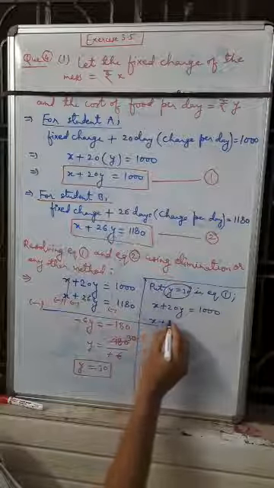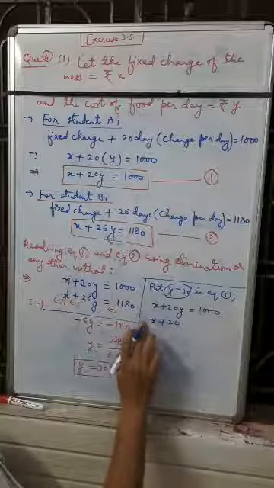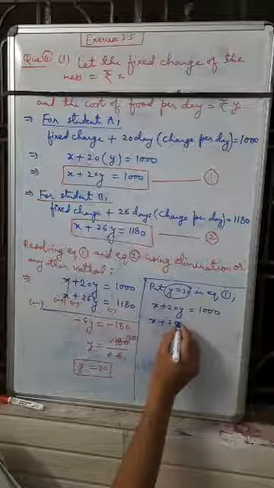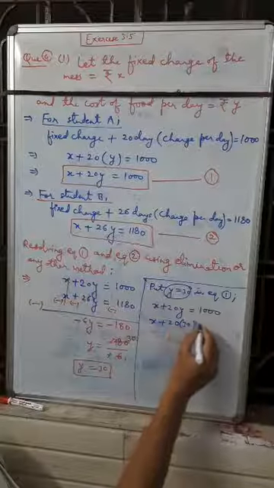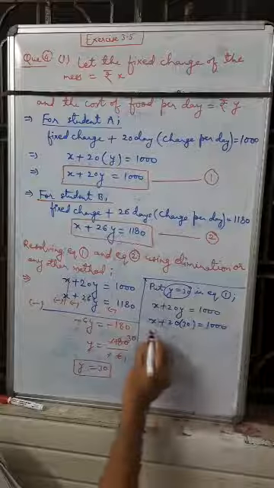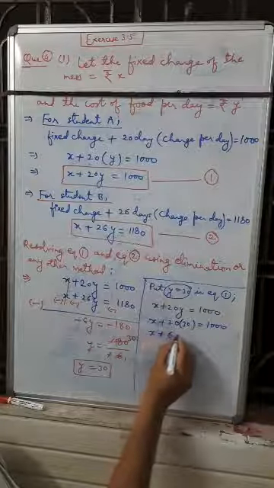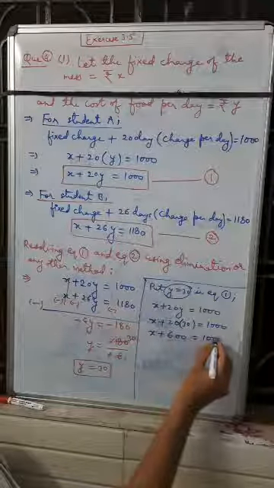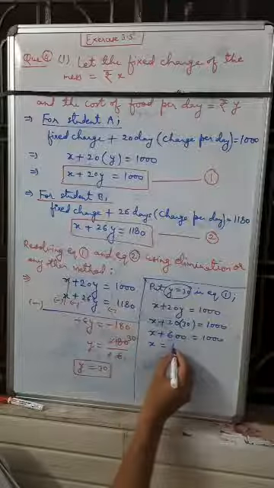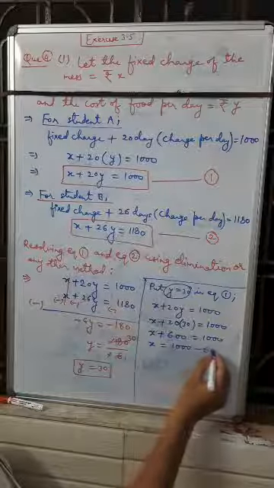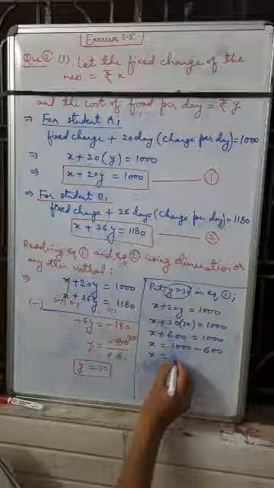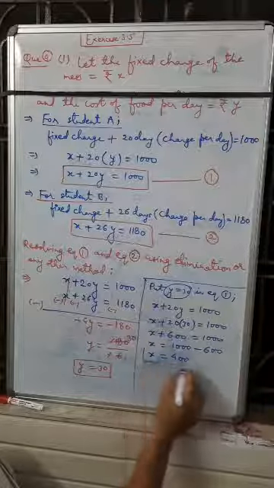So x plus 20 into 30 is equal to 1000. So x plus 600 is equal to 1000. So x is equal to 1000 minus 600. So x is equal to 400 rupees.